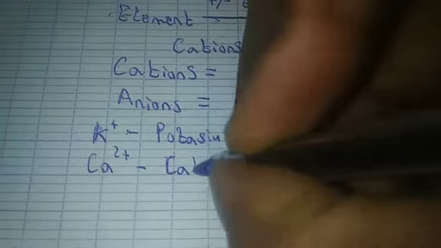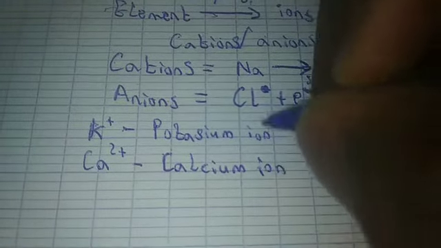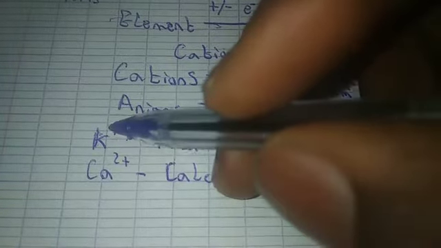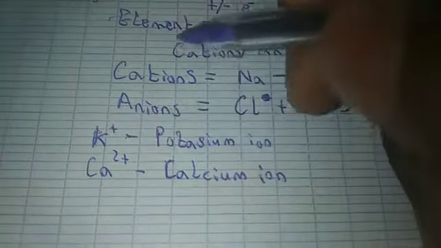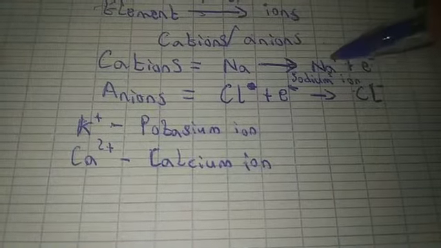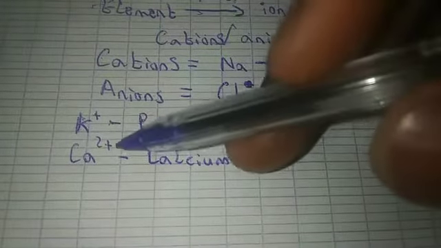You get a picture. Calcium will be calcium ion. Now notice when we have ions, whether they're positive or negative, if they lose just one electron, then we don't need to put a 1 in front. But if it's any other number, then you must put the number, for example calcium 2+.